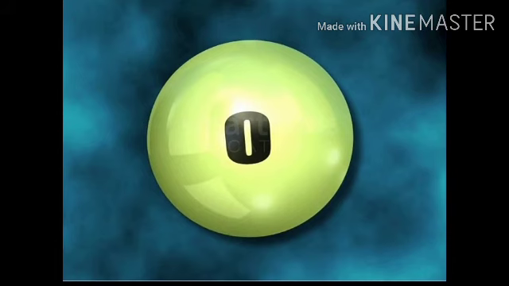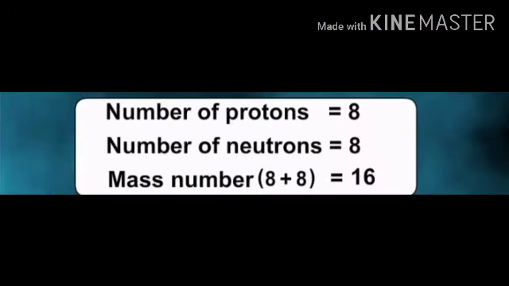Now if we take an oxygen atom, the number of protons is 8, the number of neutrons is 8, so the mass number is 16. Take a look at the carbon atom: the number of protons is 6, the number of electrons is 6, and the number of neutrons is 6. If we take a hydrogen atom, it has 1 proton, 1 electron, and it doesn't have a neutron, meaning that its mass number is 1.